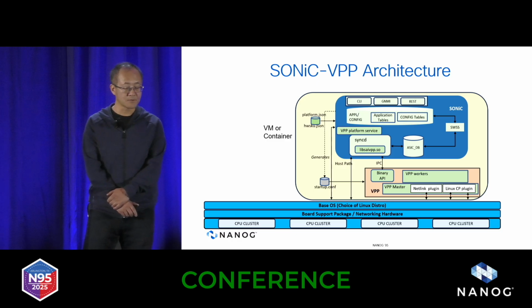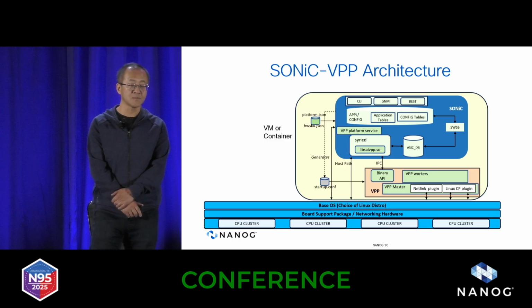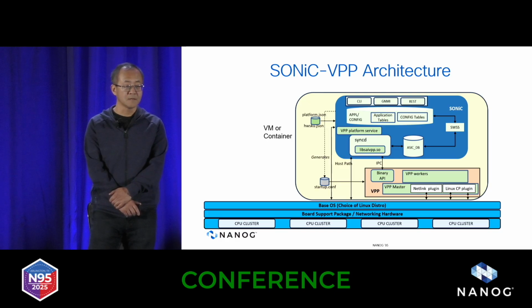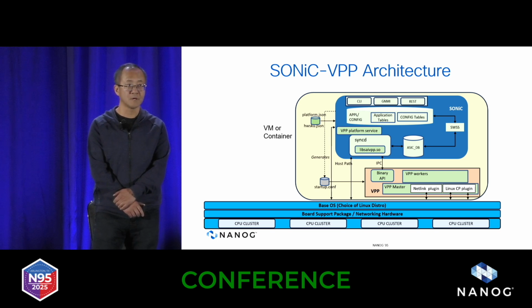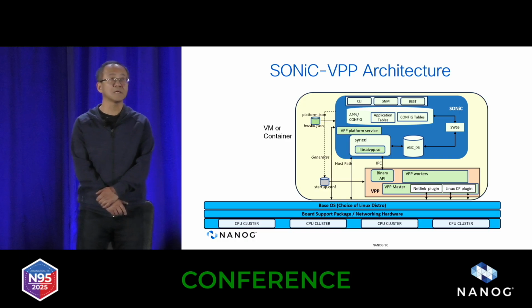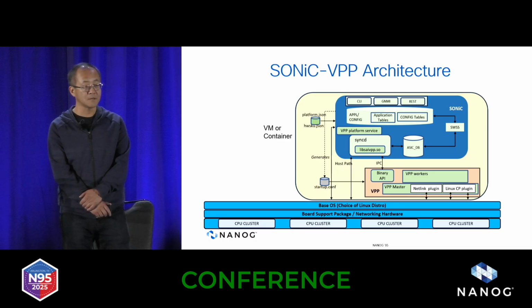Inside the VPP process, there is typically one master thread for control plane and multiple worker threads. Worker threads are responsible for data packet processing. Depending on the number of interfaces and the throughput required, there can be multiple worker threads.